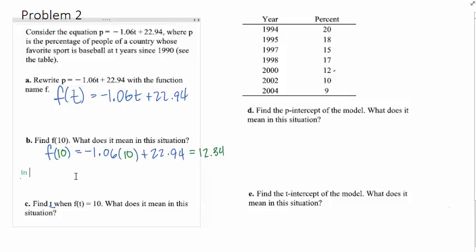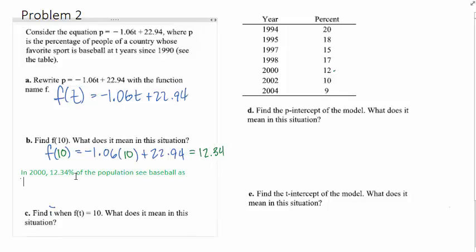So we can say in 1990 plus 10, so that's the year 2000, in the year 2000, 12.34% of the population, or of the people in a country, see baseball as their favorite sport.